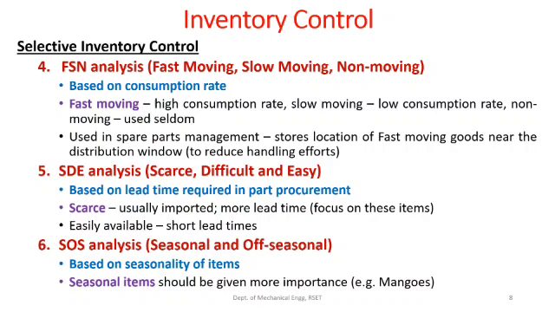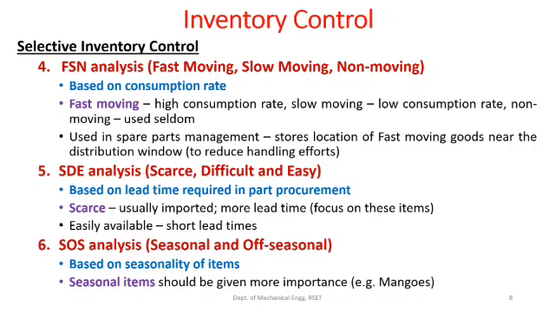You order, and it takes hardly a few weeks, one or two weeks, not more than a fortnight to deliver. Those kinds of items are put under the category called easily available. So it's based upon the lead time required for part procurement. More effort should be given to items which are scarce. According to this, the scarce category should be given more importance in inventory control.